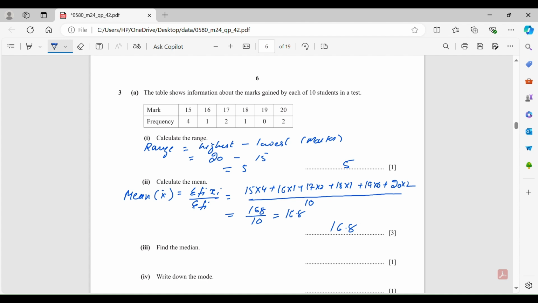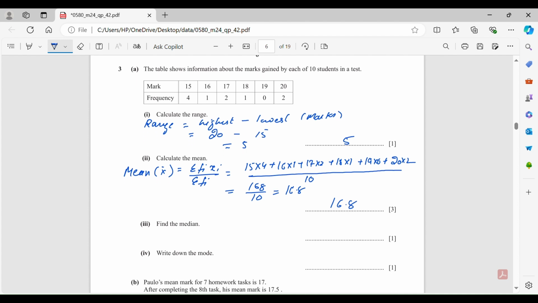Next, find the median. We know the frequency is 10, so it will be the fifth and sixth term divided by 2.